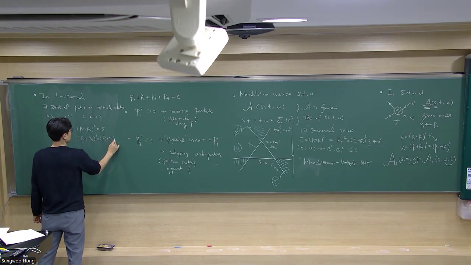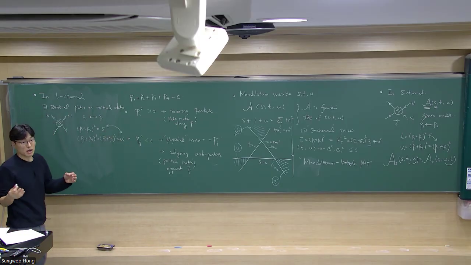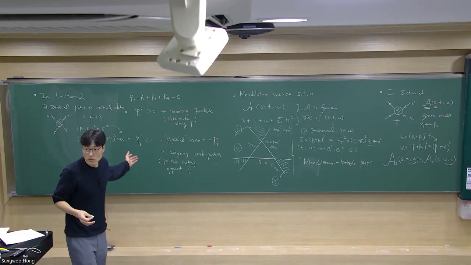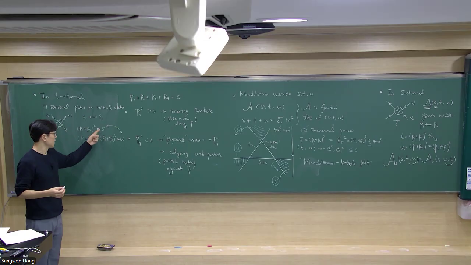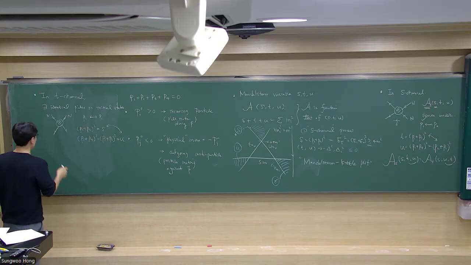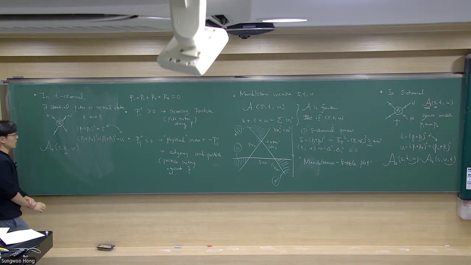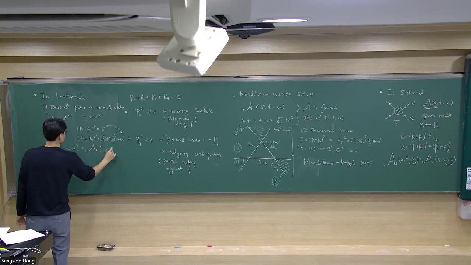P2 plus P3. You see now in the T channel, S and U, which are variables that capture the momentum transfer, right? They have to now be related by this bosonic statistics. So the same statement in the T channel, where T plays the role of the total energy, because that's why it's the T channel, is that M(S, T, U) has to satisfy symmetry under S and U exchange.